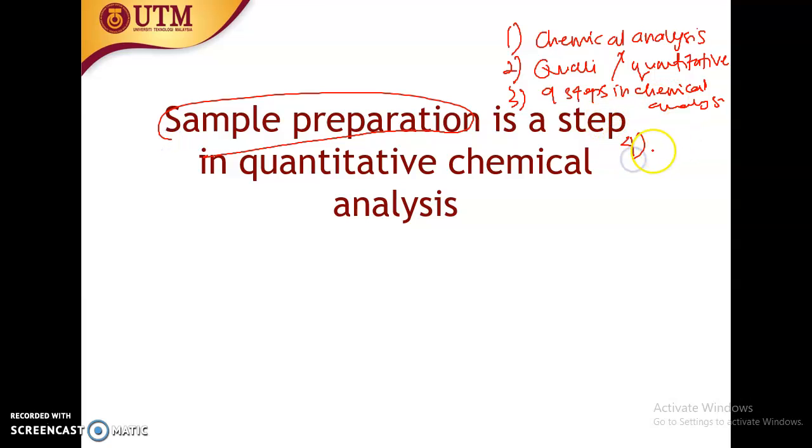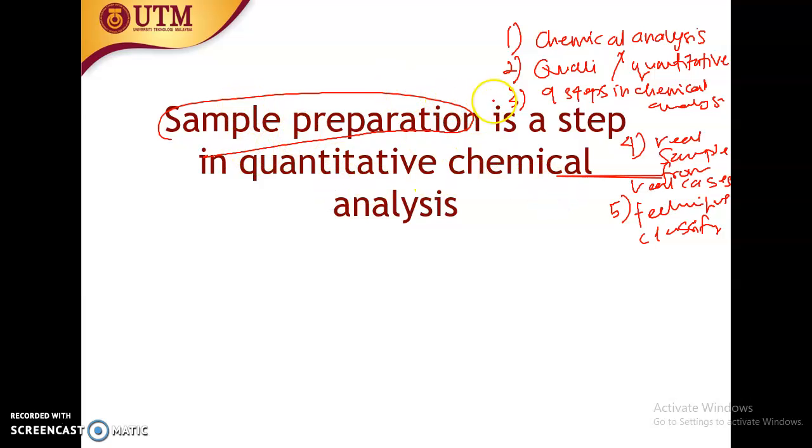And then you will be given a real sample from real cases, so that you can see how relevant chemical analysis in general, and sample preparation in specific, is in real cases. And then number 5, you will be given the techniques, the classification, how to classify chemical analysis.